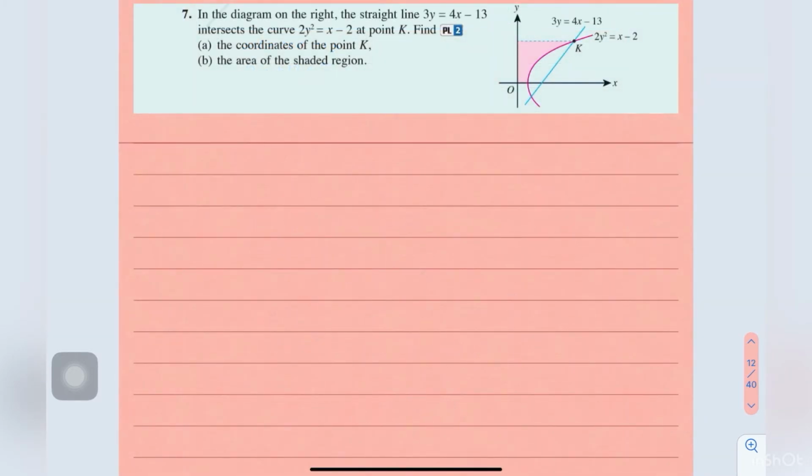B, find the area of the shaded region. To find the area of the shaded region, we can use the area under the graph with respect to y.